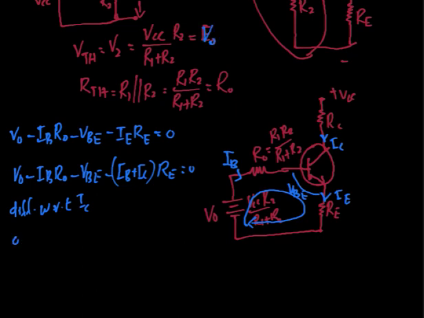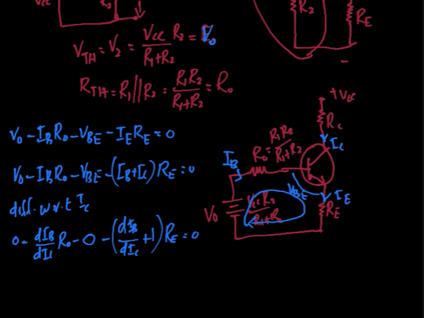So it is 0 minus dIB divided by dIC into R0 minus differential of VBE is again 0 minus dIB divided by dIC plus 1 into RE is equal to 0.